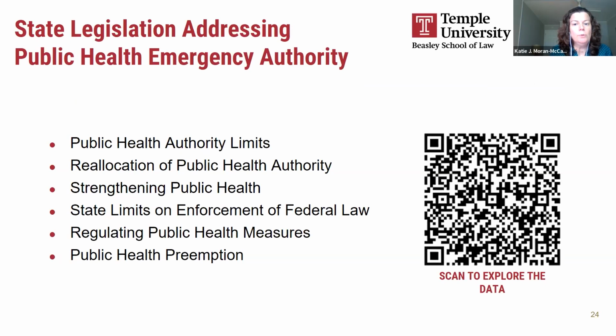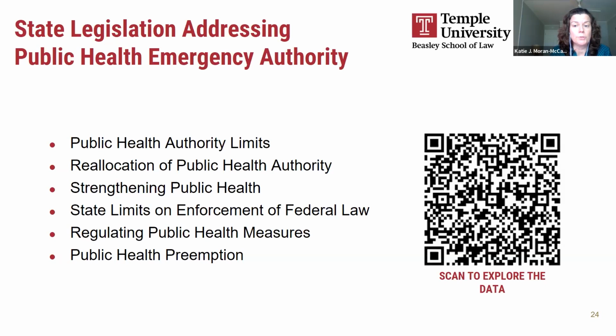And for anyone who is interested in the legislation affecting public health authority, I wanted to highlight some related data sets that we just released. These are 6 data sets that we created using a process based on Sentinel surveillance methods, and were also created in partnership with ASTO, as well as the Network for Public Health Law. So each of the topics listed here is its own data set.